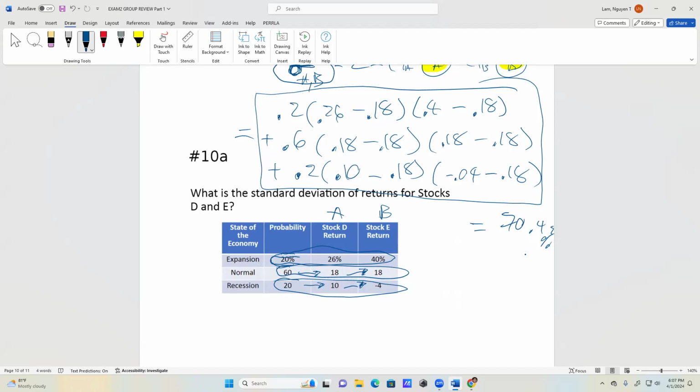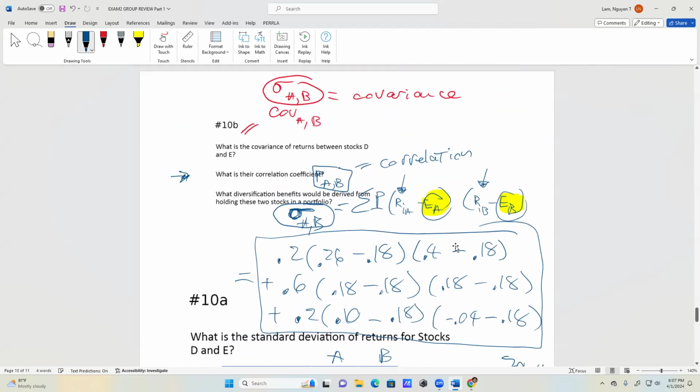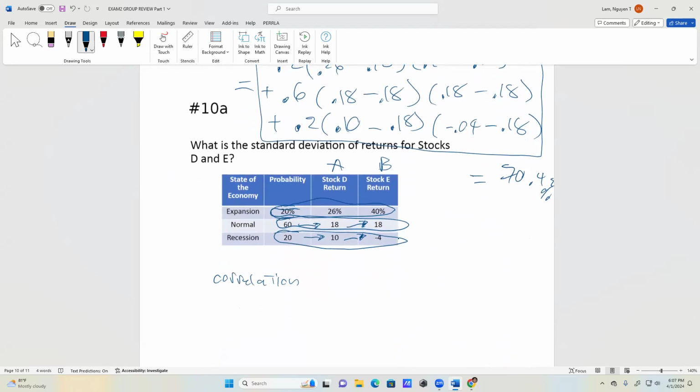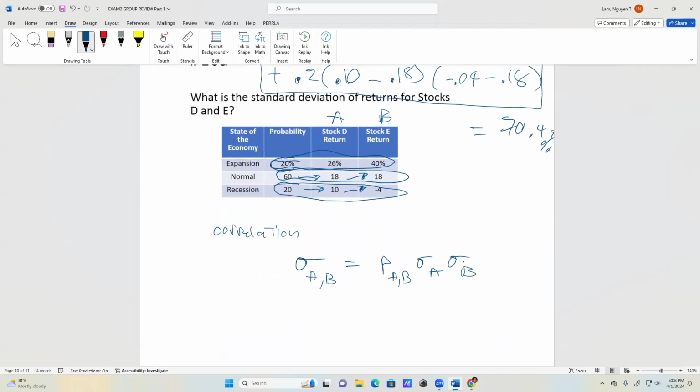However, when you find the correlation, because right now we're working on what the correlation is, the question is right here: what is the correlation coefficient? And from the formula above, I saw one that had the correlation in it. Covariance AB equals correlation multiplied by the standard deviation of A and the standard deviation of B. This one is given already, this 70 right here, because we just found it previously.